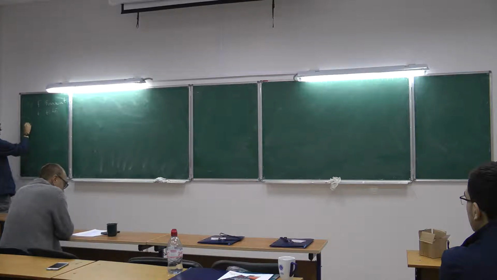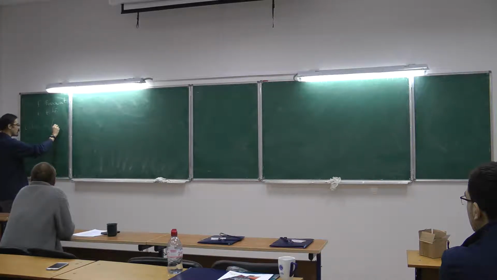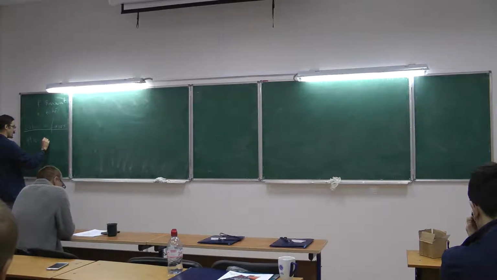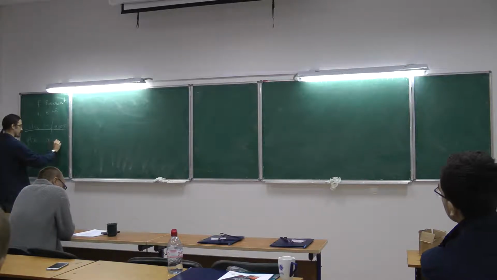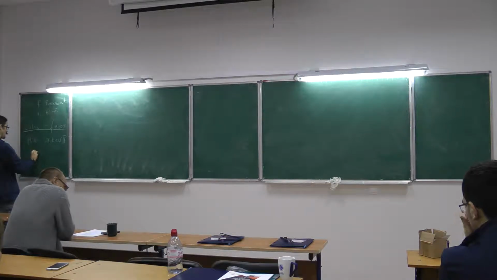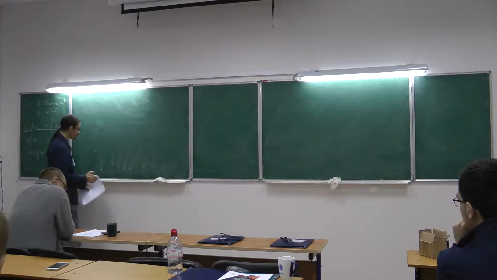So, I'll just start with some basic facts. Probably everyone knows them already, but anyway. A cubic surface is given by the zero locus of a homogeneous polynomial of degree 3 in P3.